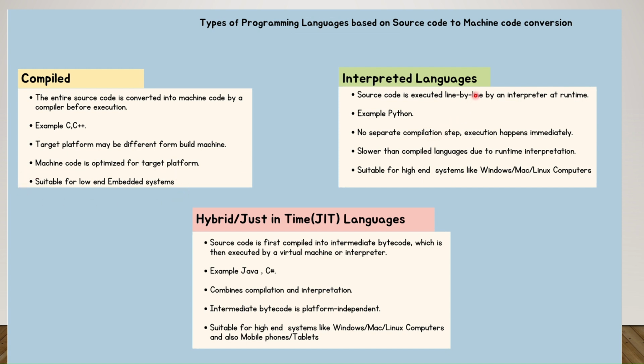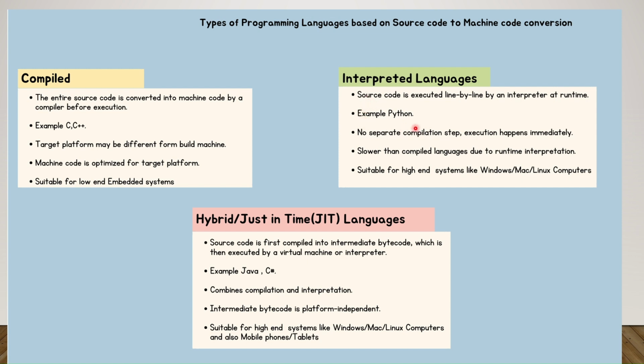Next, there are interpreted languages. Here your source code will not be compiled. For example, Python: when you run the Python code, it won't generate any executable. Your Python code will be executed line by line.